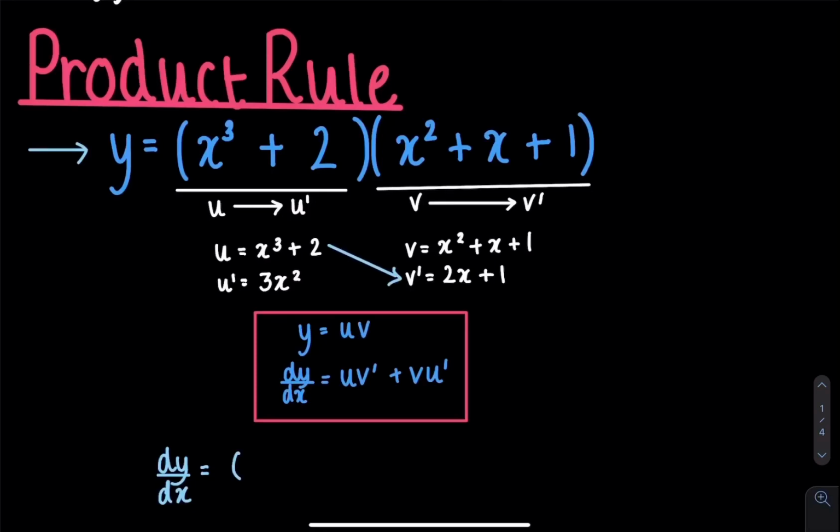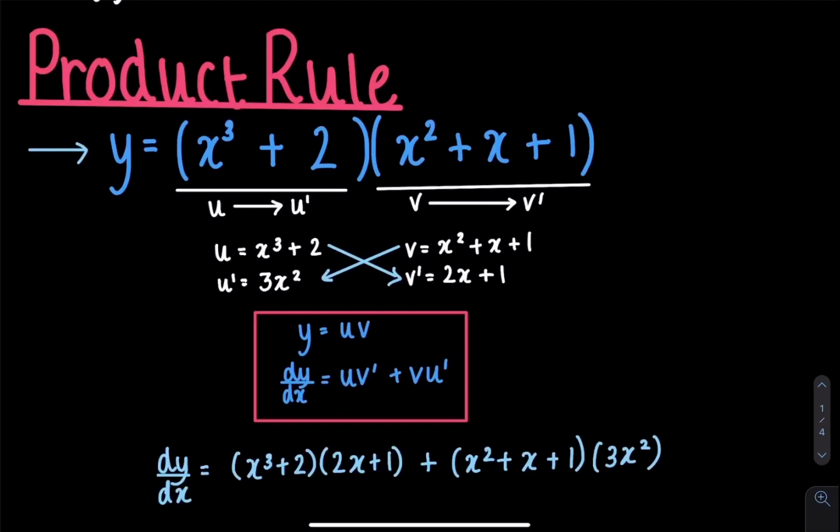So x cubed plus 2 times v dash, which is 2x plus 1, plus the second function multiplied by the derivative of the first function. So the second function is just x squared plus x plus 1, and then the differential of the first function is just 3x squared.